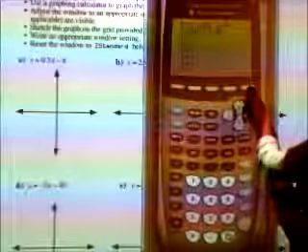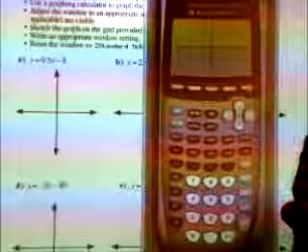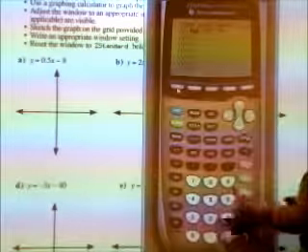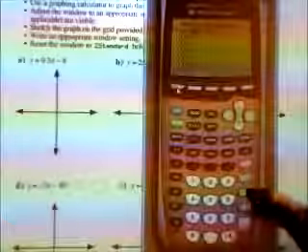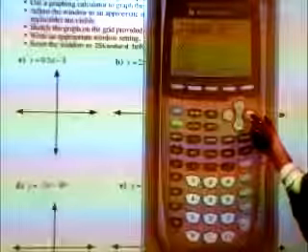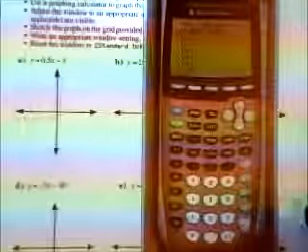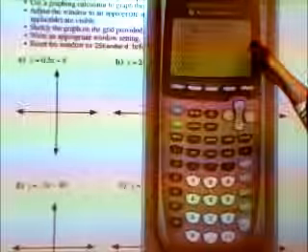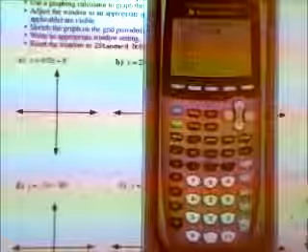And so when I put it that way, I get this for a graph. So make sure that you're using the right button. This is a minus, so it's 0.5 minus 8. You see that it's a little bit lower and it's longer when we're talking about a subtraction sign.